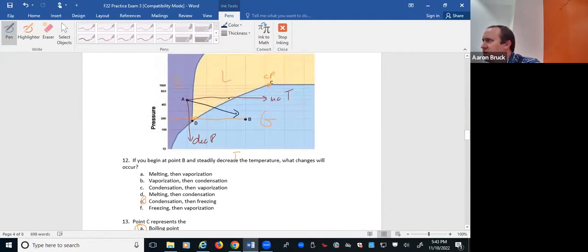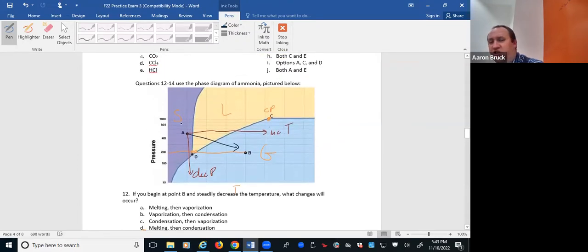The colors? Yeah. The colors are there just to show the differences. They don't actually signify anything. So yellow doesn't signify liquid. We're just using different areas to highlight the differences in phase.